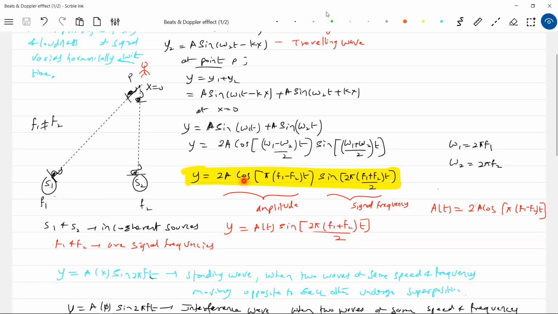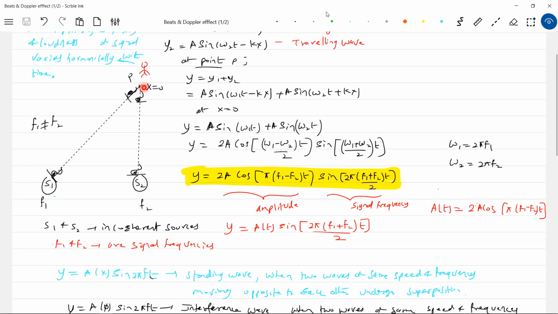In case of beats, you look at this one. The amplitude is varying harmonically. Varying harmonically means increasing, decreasing, again increasing, decreasing. So if these two are incoherent, what will happen here? The intensity, the loudness here is going to vary harmonically with time. So how will it be? La la la la la la la. So what's happening? The loudness is varying, no?